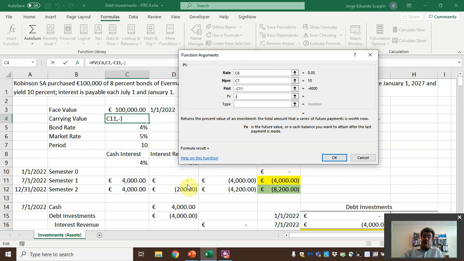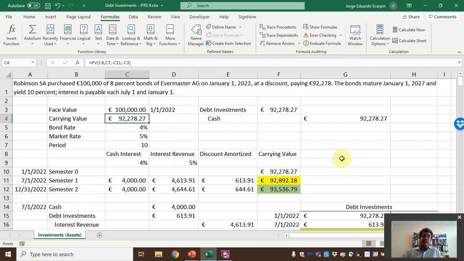FV, future value, is the principal that I will pay on January 1st, 2027. And then type blank, because the first interest will be paid only at the end of the first period. So blank or 0. 92,278 and 27 cents to be more accurate.